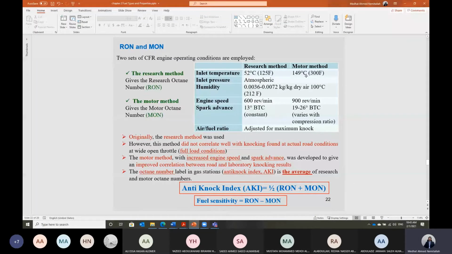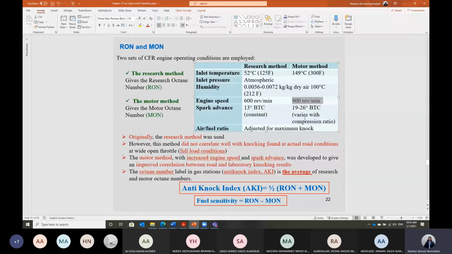So in the motored octane number, they raised the intake air temperature from 52 degrees C to about 150 degrees C. And they have raised the running RPM of the engine at which the test to calculate the octane number of the fuel is performed. It has been raised from 600 RPM to 900 in the motored octane number.